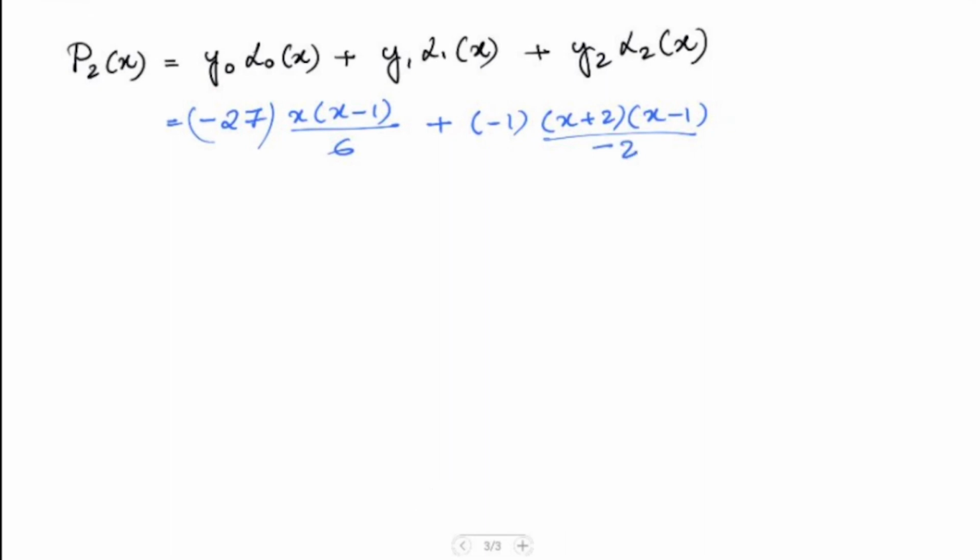Then we have y2, the value of which is 0, times L2, which is x times x plus 2 divided by 3.